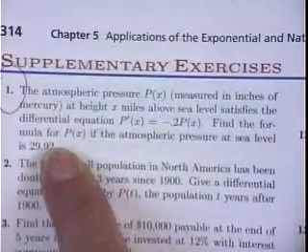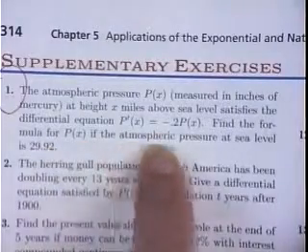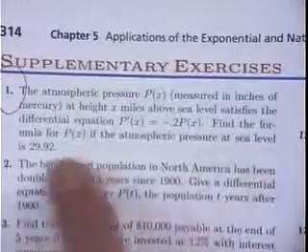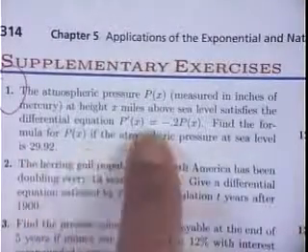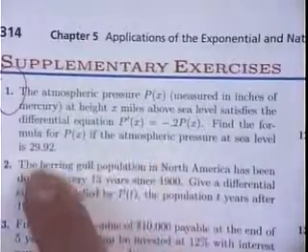Find the formula, which I told you was the solution to the differential equation, if the atmospheric pressure at sea level is 29.92. So what would your formula be, everybody, for P at x?